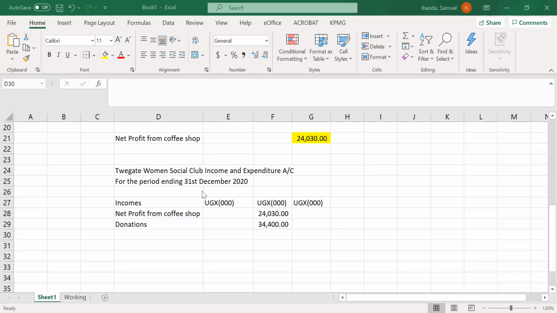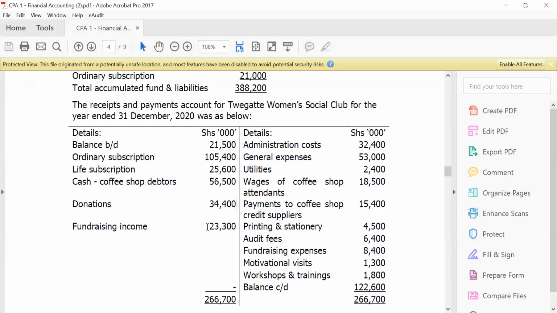Then I also have fundraising income. It's also a source of income. But because I have fundraising expenses, I determine what is called the net fundraising income. So I get this and subtract how much we incurred in the fundraising to get the net income. That is what I record.